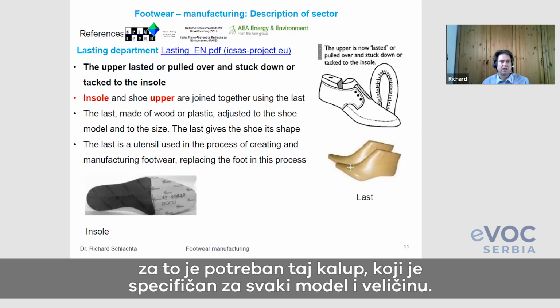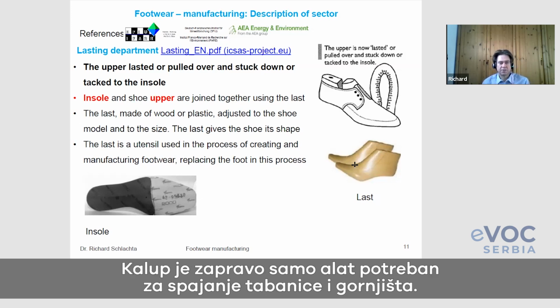So in easy words, the insole and the shoe upper are joined together. To do this, you need this last, depending on different sizes and models. So the last is finally only a tool to make this assembly of the insole and the shoe upper.